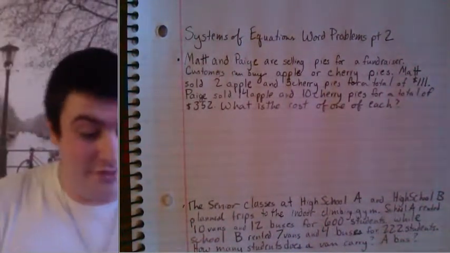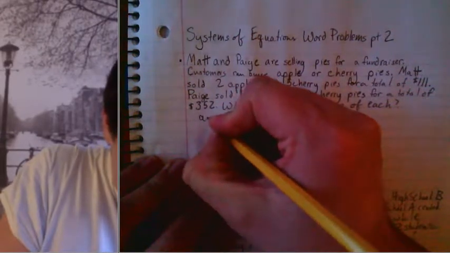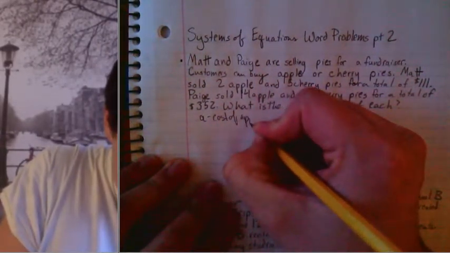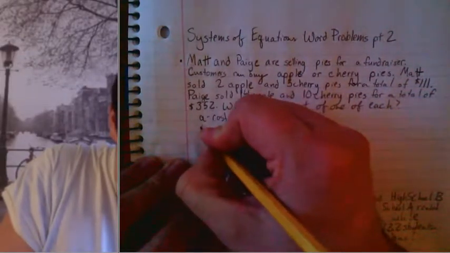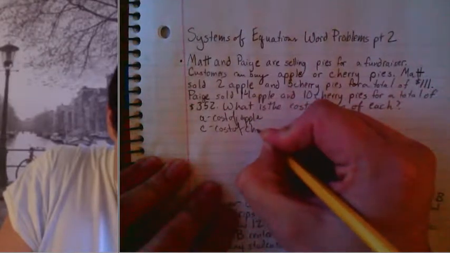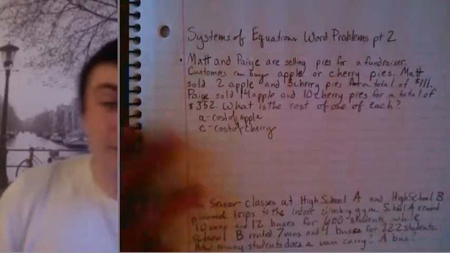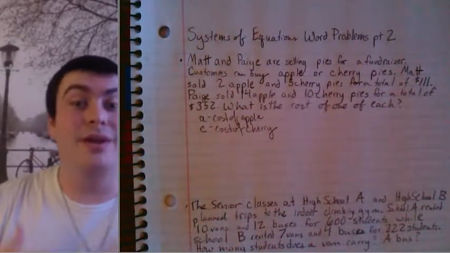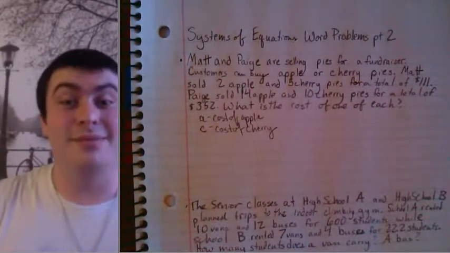So that's going to be our variable. I'm going to say that A is the cost of an apple pie, and C is the cost of a cherry pie. Well, what do we know? We're going to talk about each person and what they sold because that's valuable information.